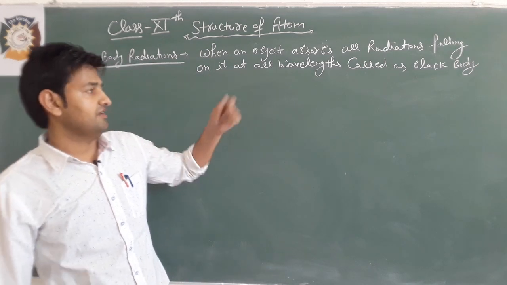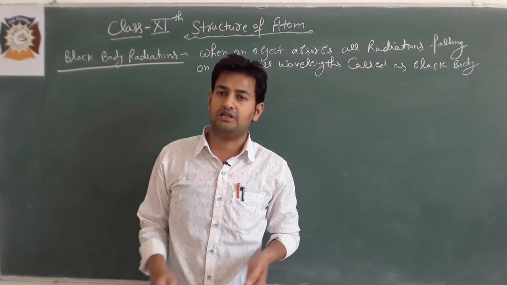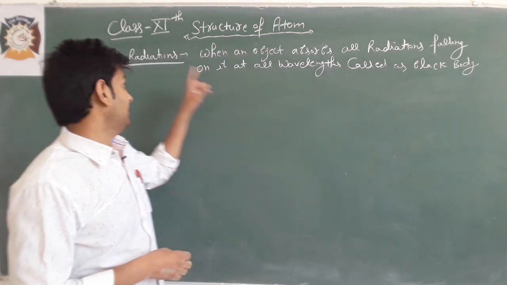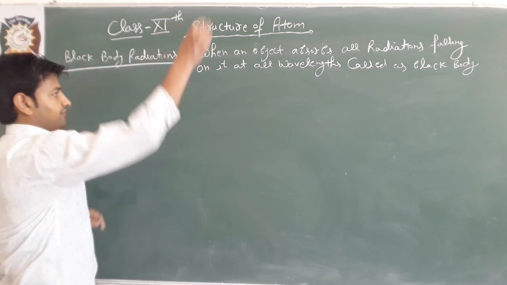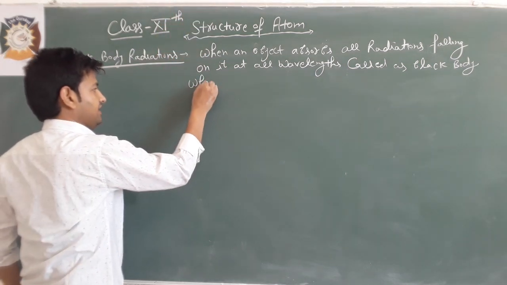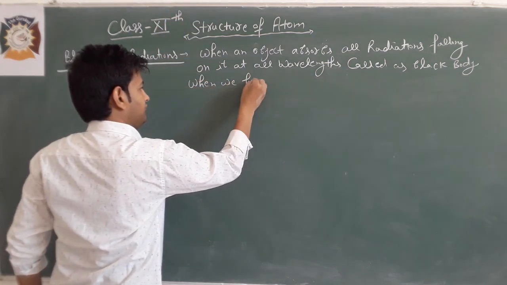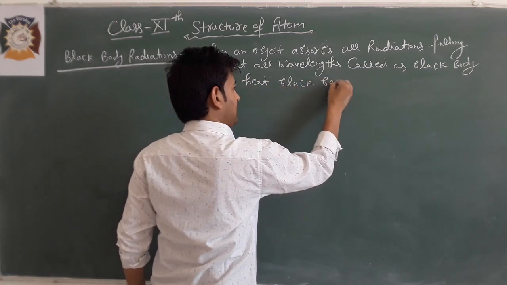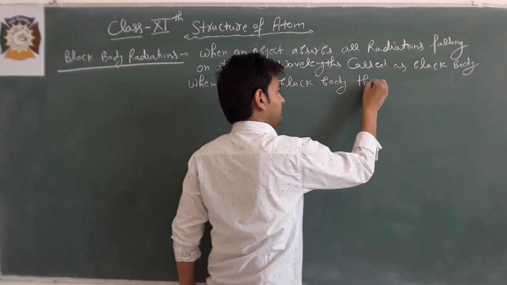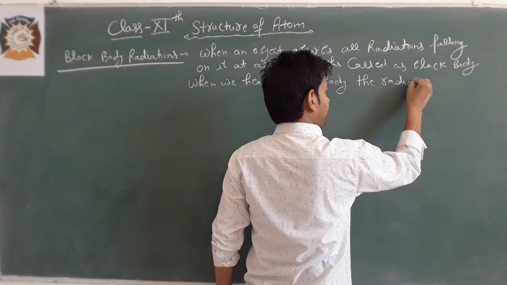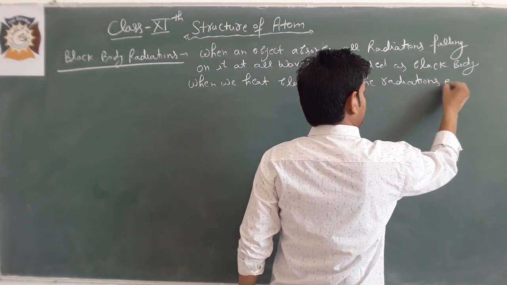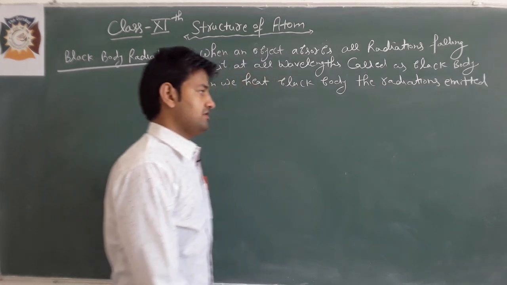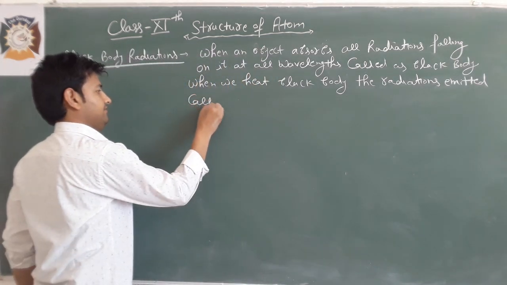A black body is that object which absorbs all the radiations falling on it. This is called as black body. And when we heat this black body, the radiation emitted is called as black body radiation.